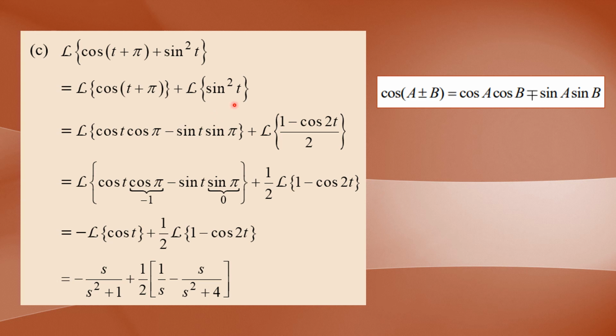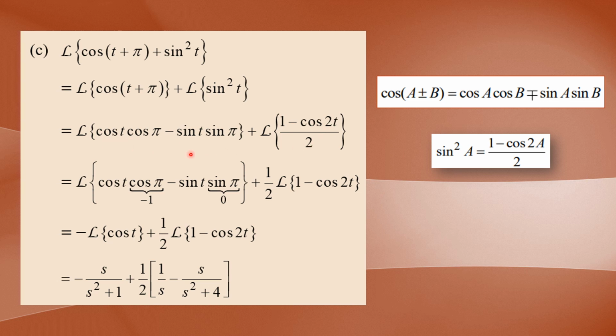Now the Laplace transform of sin squared t. What is the trigonometric identity that relates to this function sin squared t? The trigonometric identity for sin squared a is (1 minus cos 2a) over 2. So what we have to do is to just replace a by t. So sin squared t can be replaced by (1 minus cos 2t) divided by 2.